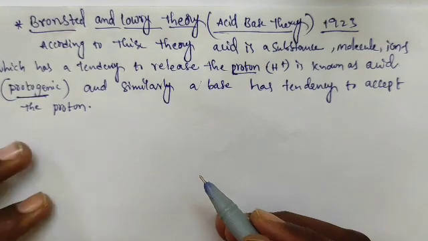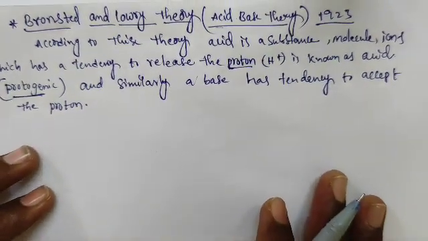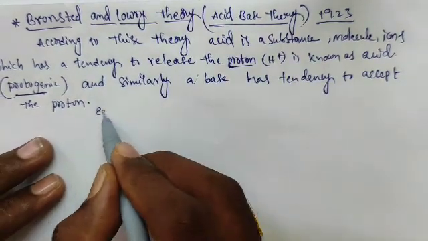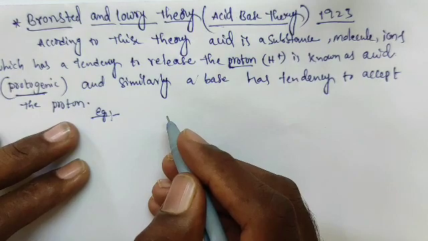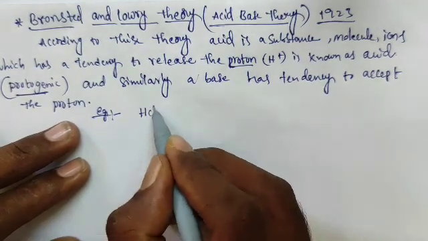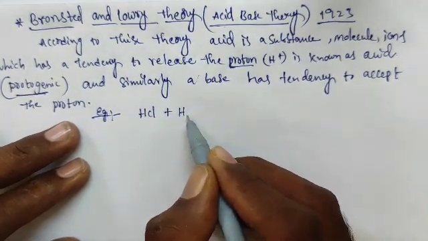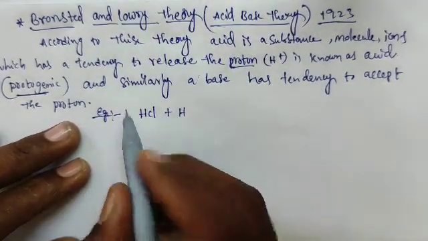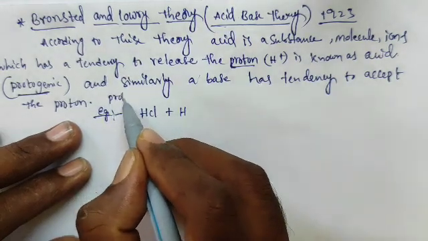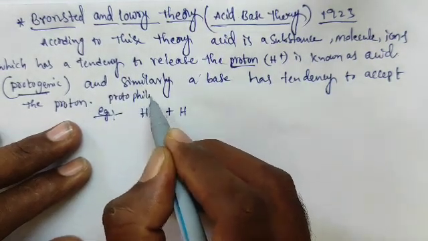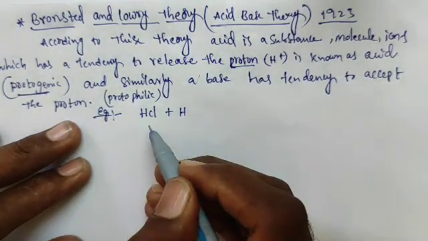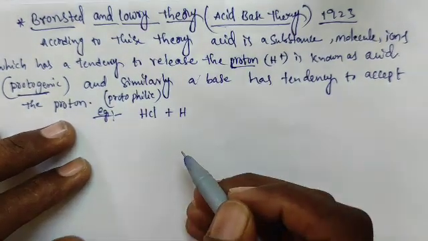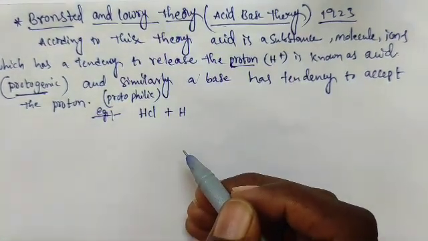So that which accepts a proton is a base, and that which releases a proton is an acid. These bases we will call protophilic, that means proton liking. That which accepts a proton is protophilic, and that which releases a proton is protogenic.